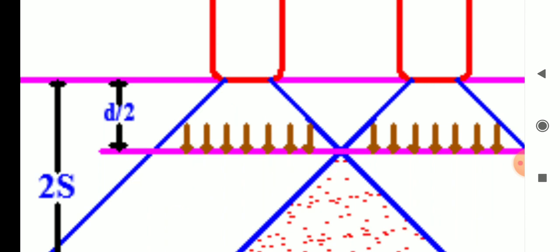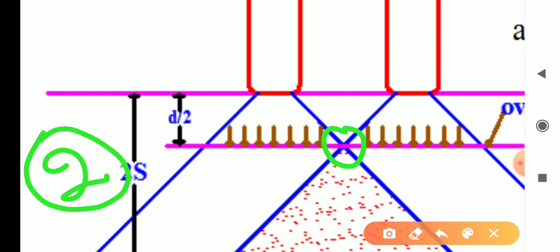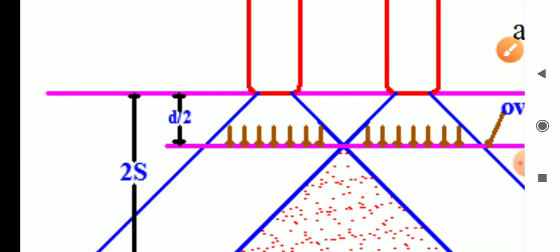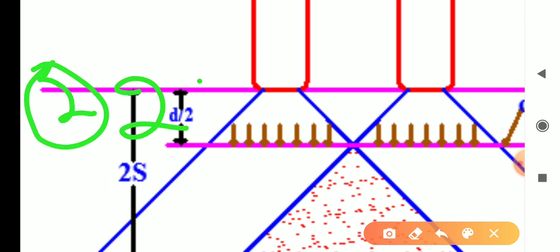Once it crosses the d by 2 point, the stresses will be acting at the depth of 2S. Here 2S is the edge, the second point, 2S. Now it is not a single wheel load because two stresses will be overlapping, right?